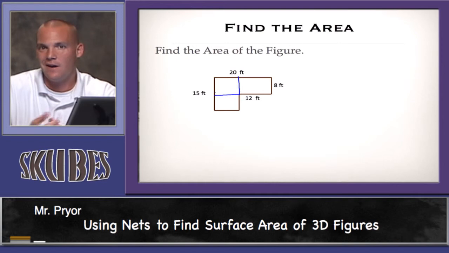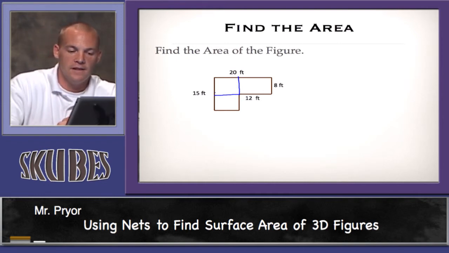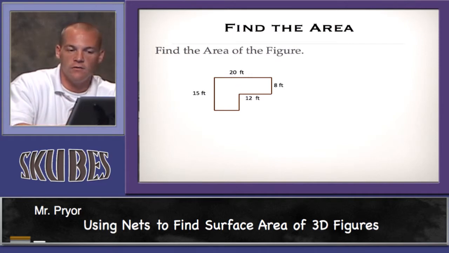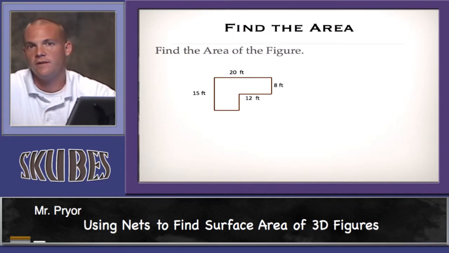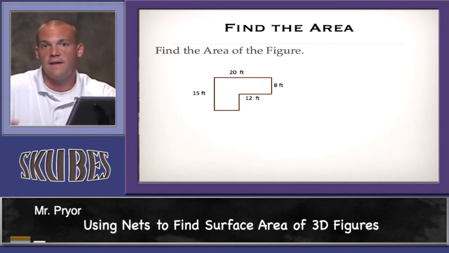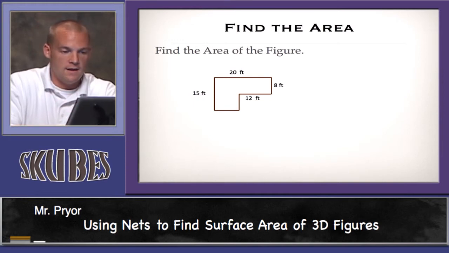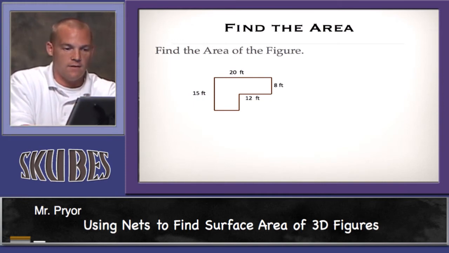I can't tell you which one's better, it's completely up to you. But at this point, what you're trying to create is 2 rectangles, because one of the easiest area formulas to use is a rectangle formula. So we're going to create 2 rectangles, find their areas, and then add them together. So let's separate this out long ways like so. All right, so we have a rectangle here and a rectangle here.